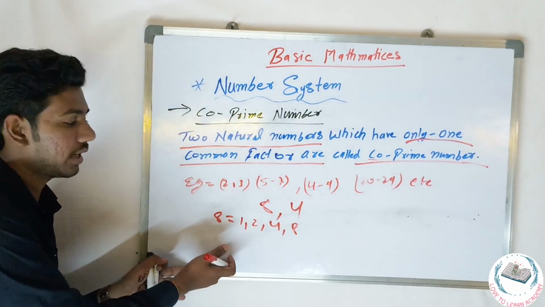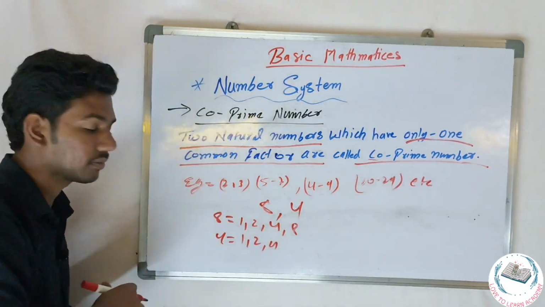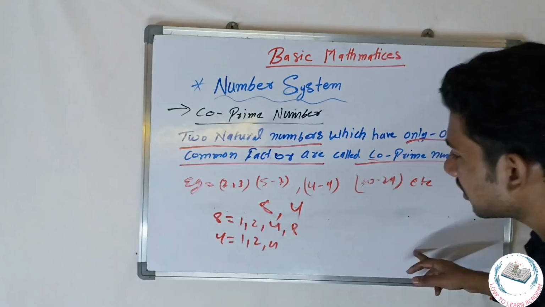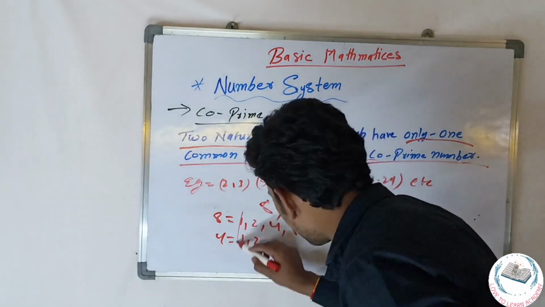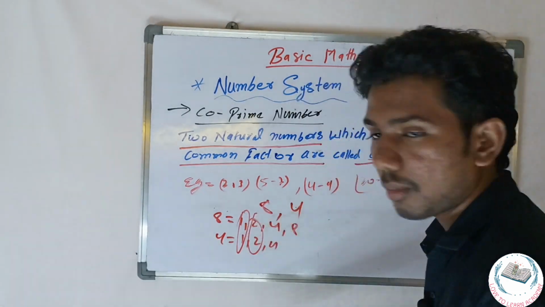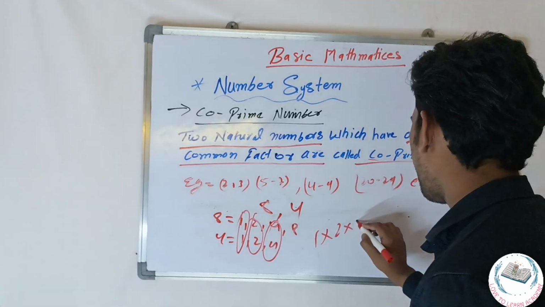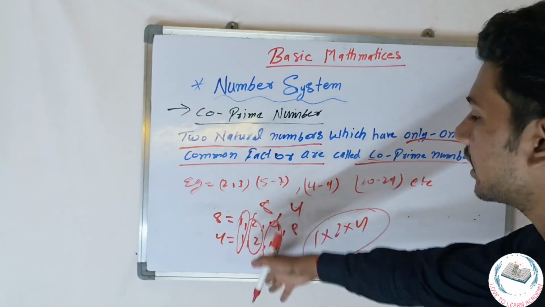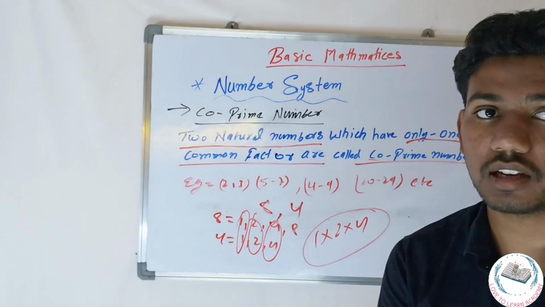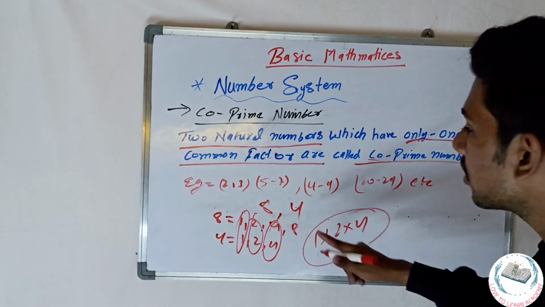The factors of 4 are 1, 2, and 4. Can you tell me if there is only one common factor? No. 1 is common, but 2 is also common and 4 is also common. So there are three common factors here, but we need only one common factor, so these are not co-prime numbers.